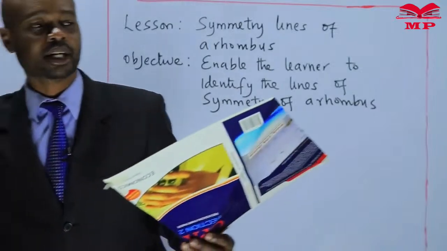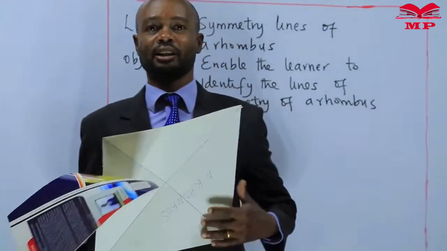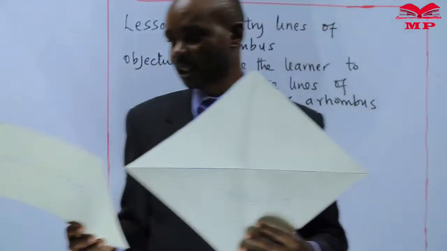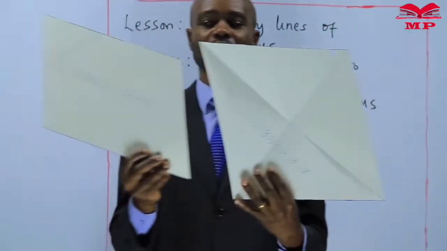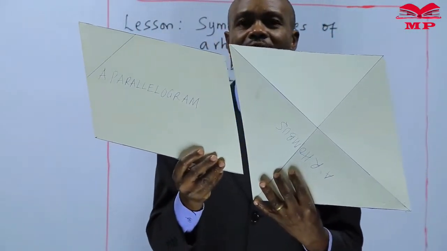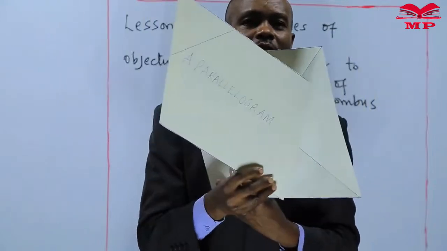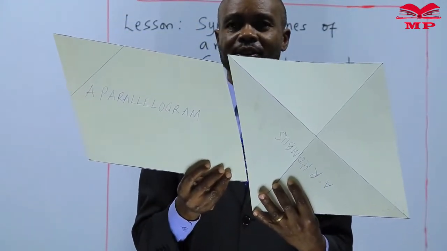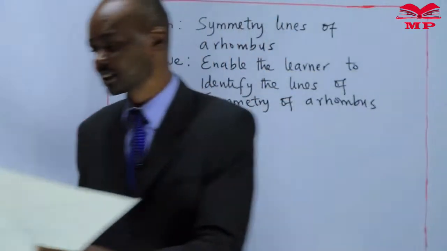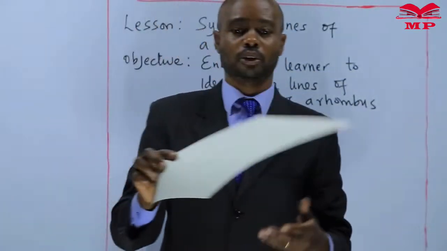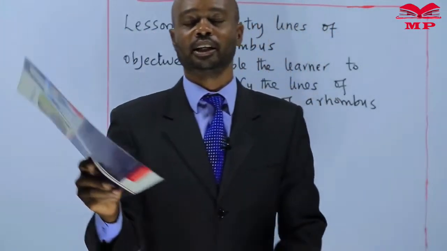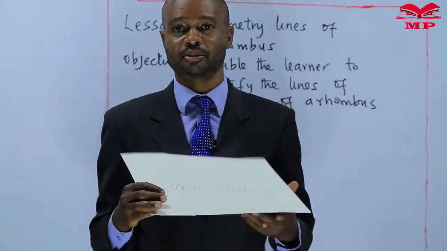Now, I'm going to compare it to another sister quadrilateral. It is called a parallelogram. If you compare the two, you can see a clear difference. For the rhombus, the sides are equal, but for the parallelogram, the sides are not equal. Let's try to find lines of symmetry of a parallelogram.